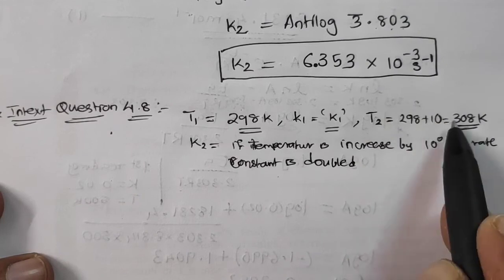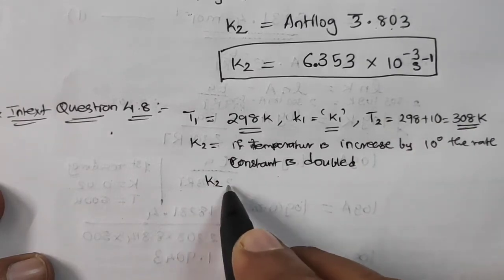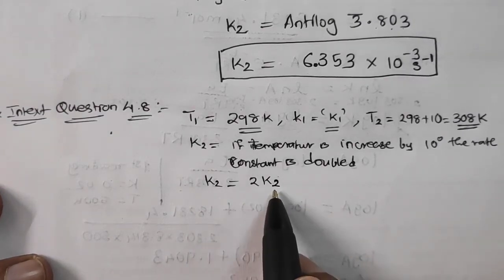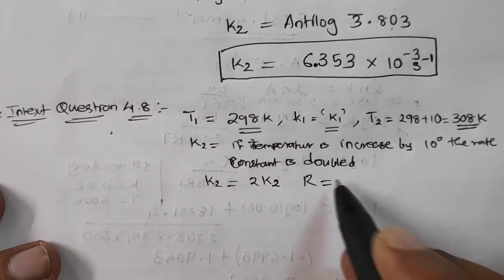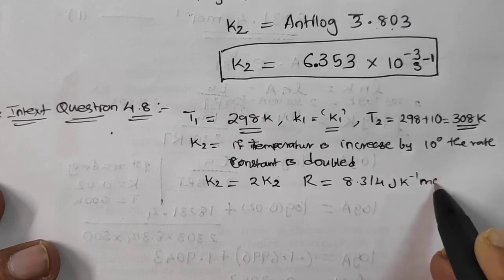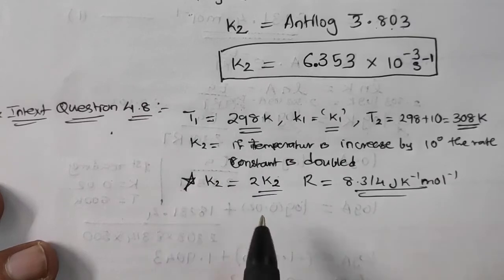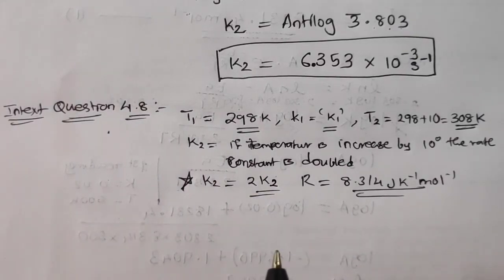So T2 is plus 10, we increase 10 degrees. Therefore K2 will be equal to 2K1, because the rate constant is doubled. Understood this part? The R value we will take the same: R is equal to 8.314 joule Kelvin inverse mole inverse. This is the important part of the sum: if you increase it by 10 degrees, the rate constant will be doubled.